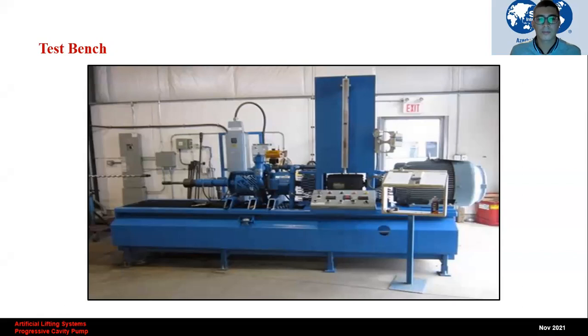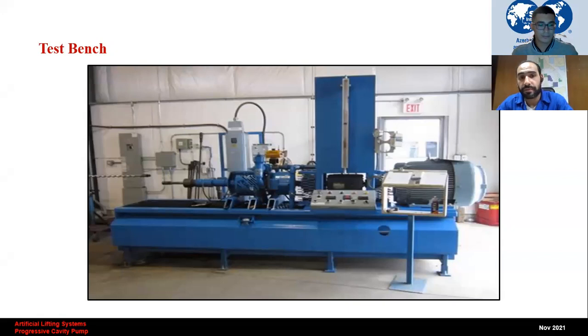Which one is more efficient, electrical submersible pumps or progressive cavity pumps? Same as I said, these are completely two different issues. Each one will be perfect in certain applications. With ESPs, we are talking about high rates, light oil.